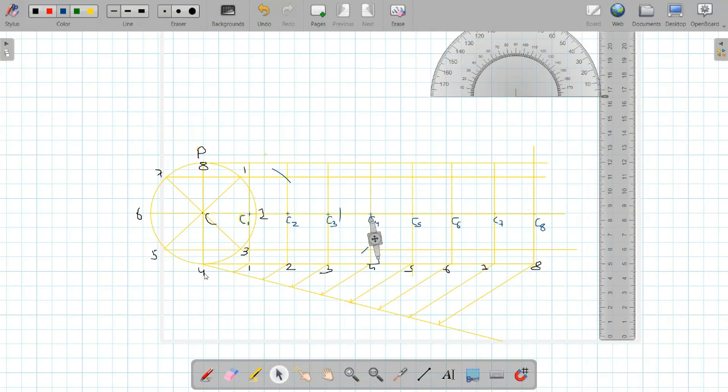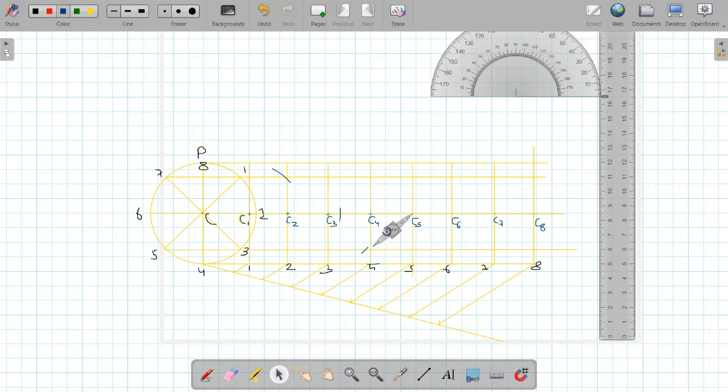Now, when P comes here at this particular position, point number 4, it will try to go in the upward direction. And because it is moving in the upward direction, we will make a cut on the left hand side. So from point C5, we will make a cut on the projector of 5, but now on the left hand side, not on the right hand side.